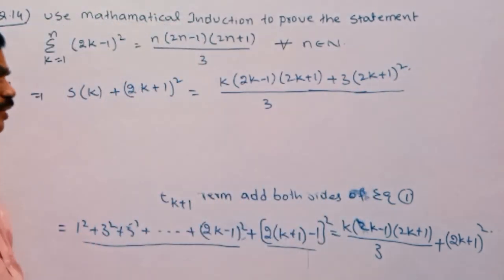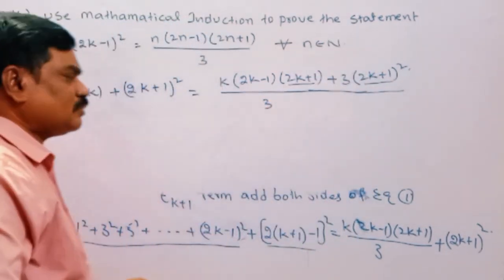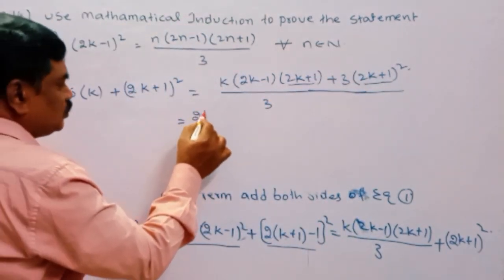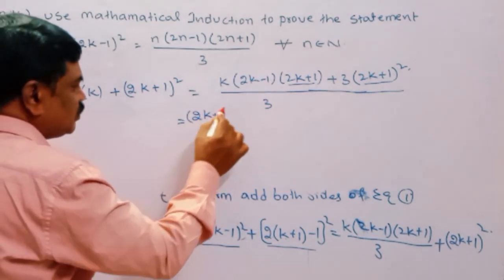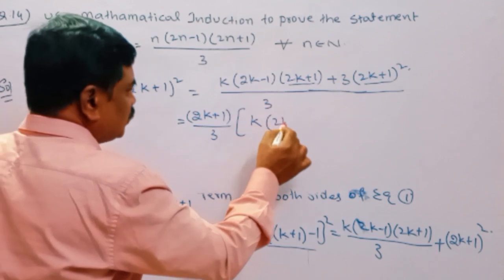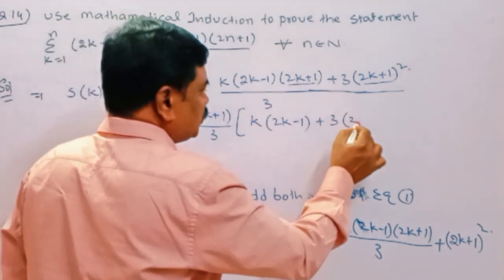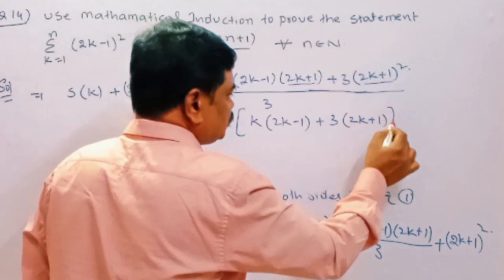You observe that 2k plus 1 is common. Then (2k plus 1) by 3 as common, k(2k minus 1) plus 3(2k plus 1).